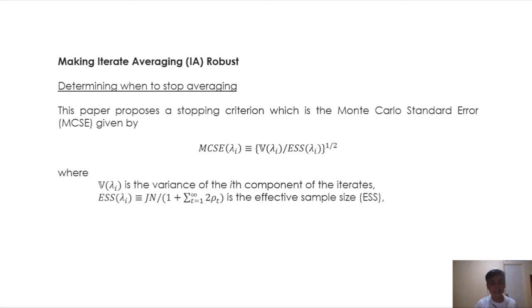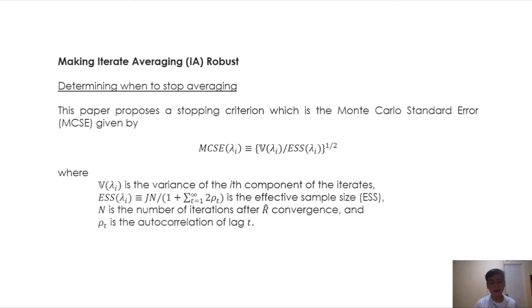And ESS of lambda i is the effective sample size, or ESS, which is equal to Jn over the quantity 1 plus the summation from 1 to infinity of 2 rho t. So in the previous expression, n is the number of iterations after the R hat convergence, and rho t is the autocorrelation of lag t.